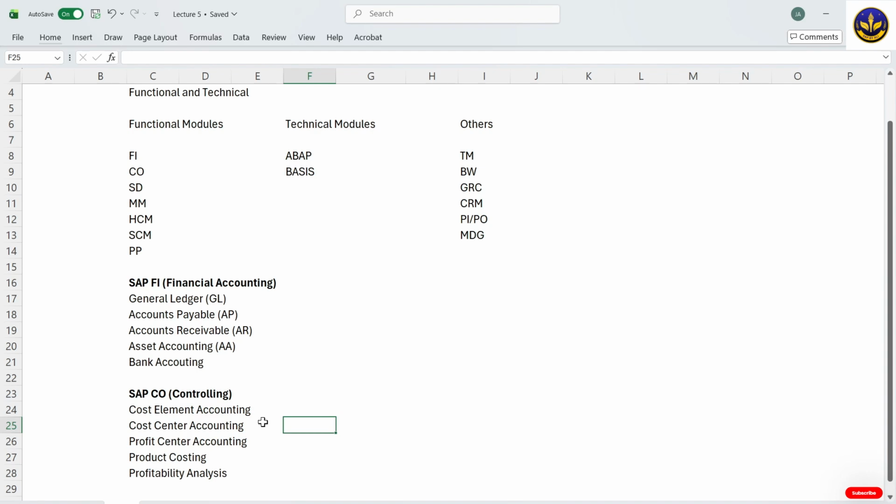And profit center accounting actually tracks the profitability from the divisions. You might have a number of divisions within your organization. So profitability of each division is ascertained with the help of profit center accounting. And then we are having product costing, which actually helps us to set the price of any manufactured good.